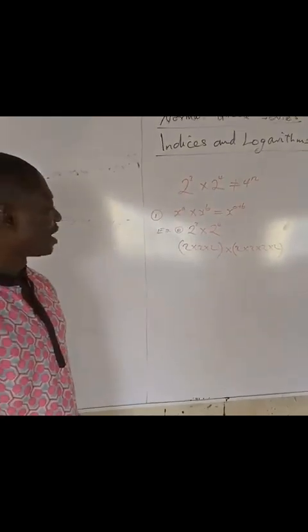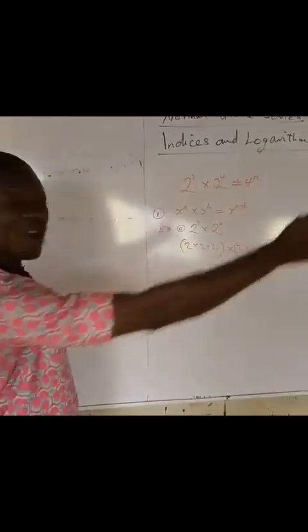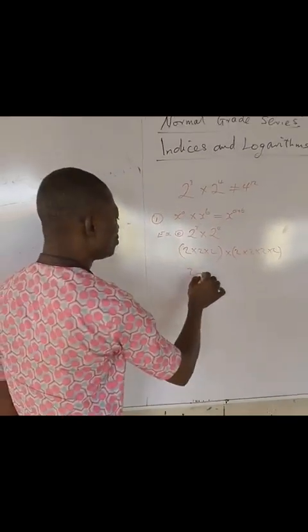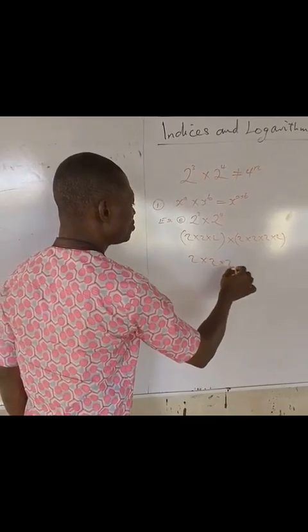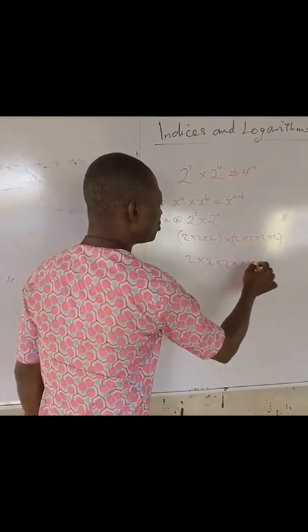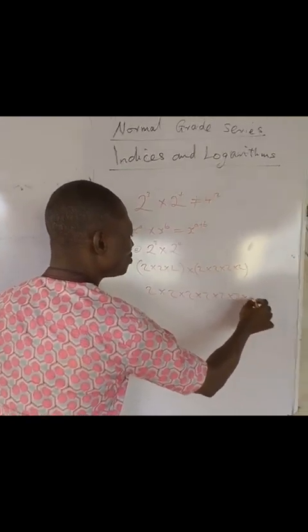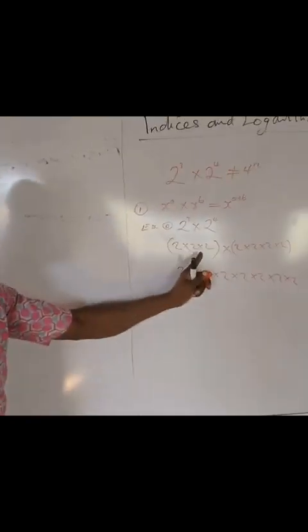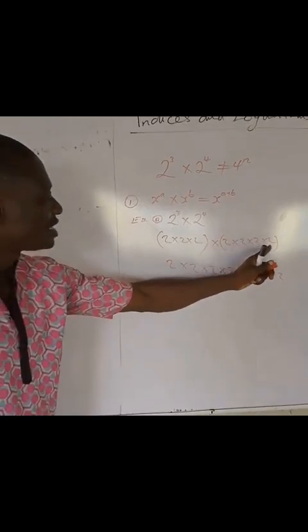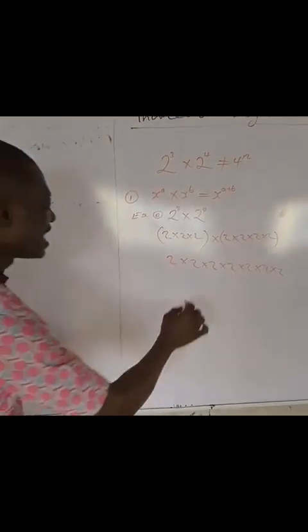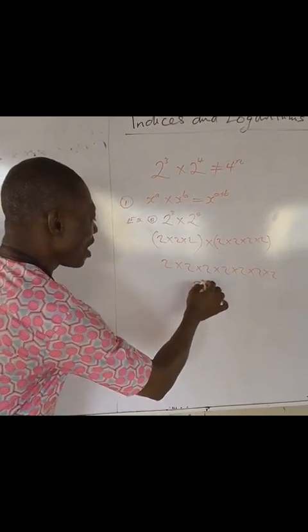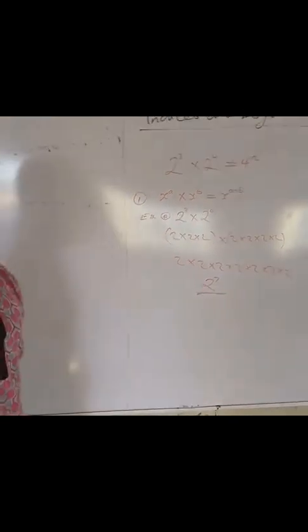Then the person may write all of them as 2 times 2 times 2 times 2 times 2 times 2 times 2. 1, 2, 3, 4, 5, 6, 7, making 2 raised to the power 7 as our answer.